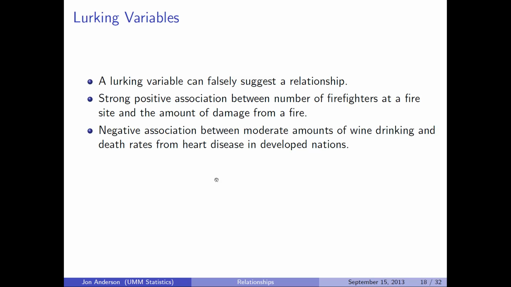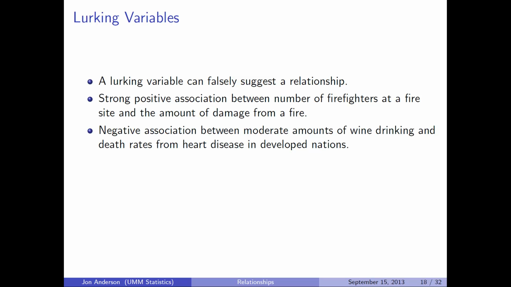If you think about some examples, you will notice that there is a very strong relationship between the number of firefighters that are at a fire and the amount of damage that's done. And so you really wouldn't conclude that the firefighters are damaging the building. The damage is being driven by the severity of the fire, and so is the number of firefighters.